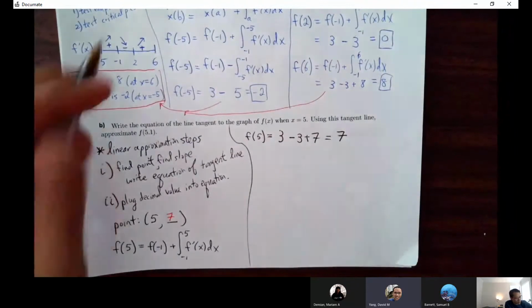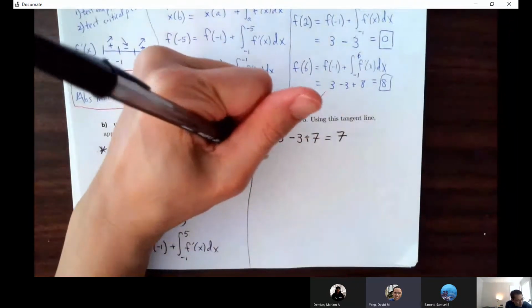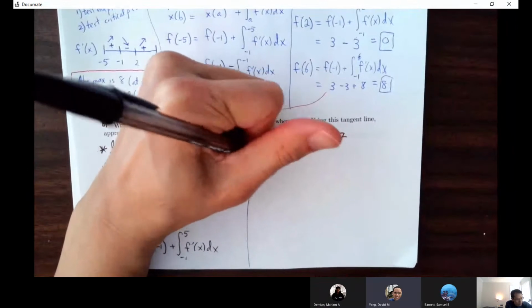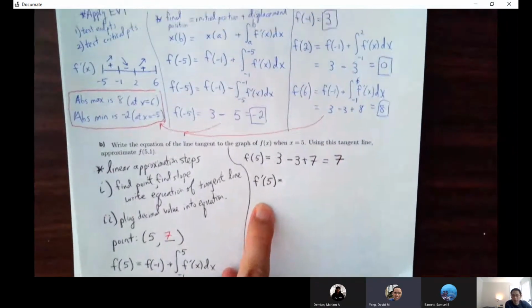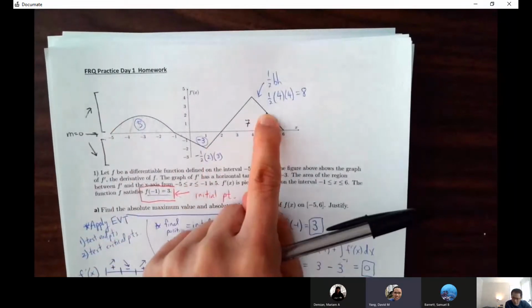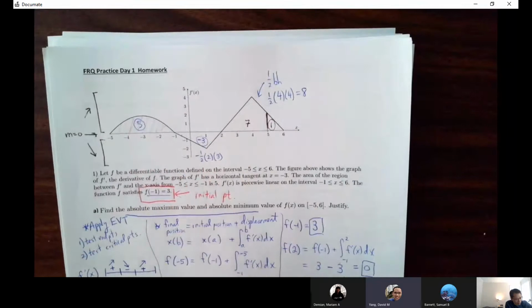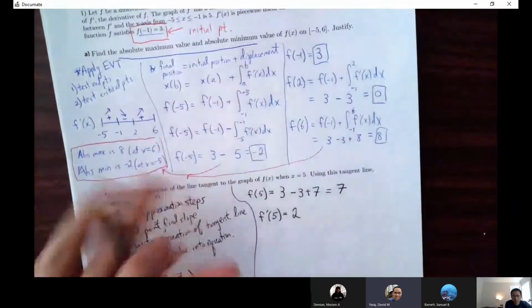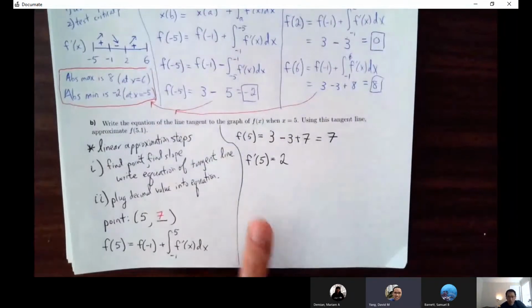To find my slope, I need to find f prime of 5. Well, this should be easier because the graph that we have in front of us is the f prime. So f prime of 5 is just the ordered pair, so f prime of 5 is right at 2. Okay, there's my ordered pair, there's my slope.